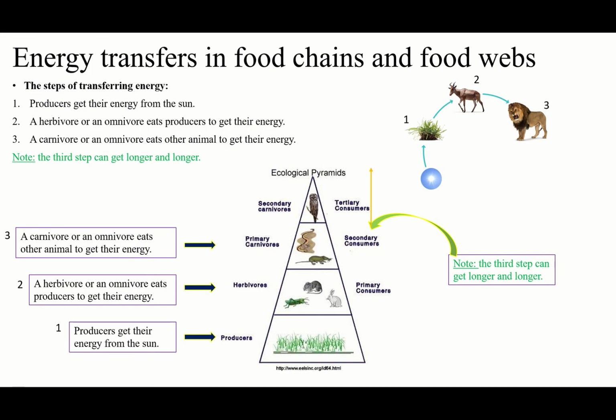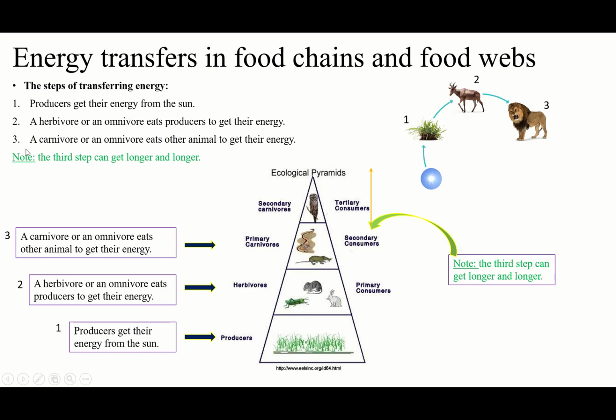Because herbivores and omnivores are eating producers, eating grass, eating plants. You have to understand this part. After producer, the first consumer can never be a carnivore. Why? Because the first consumer must eat grass or plant or any other producer.